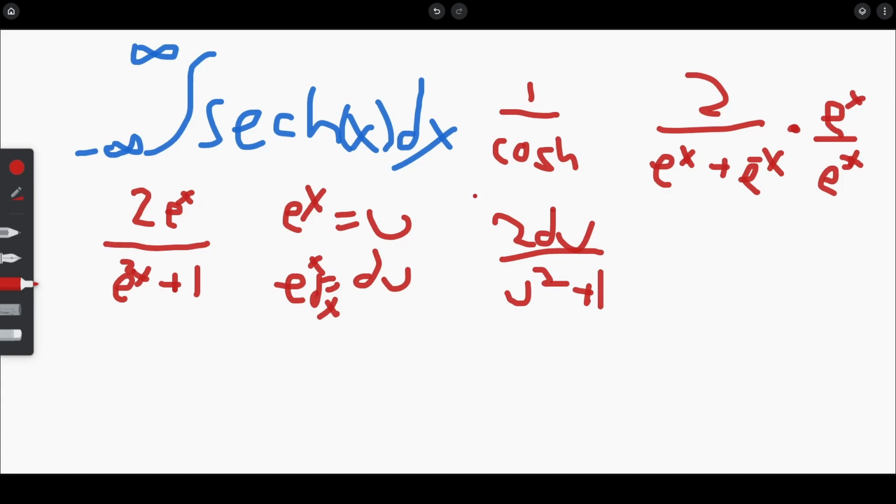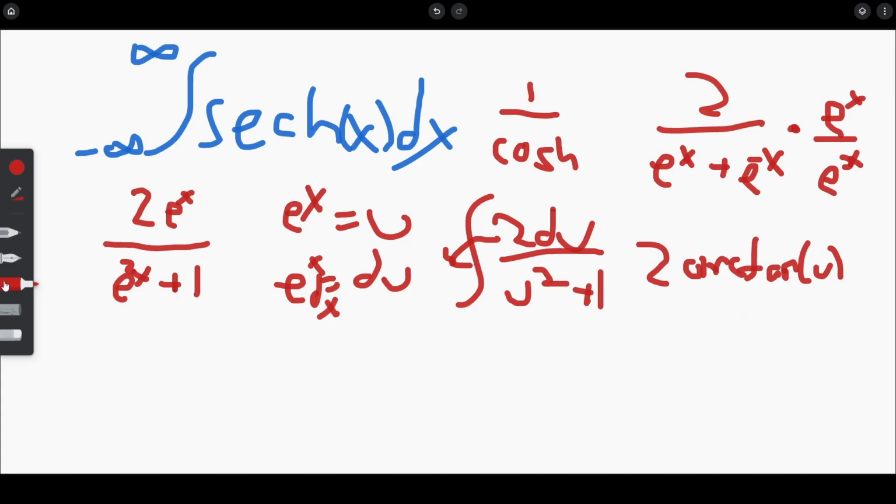And this integral looks a lot like arctangent. Well, it is arctangent. This integrates into arctangent. We'll take the constant multiple, move it out of the integral here, and just say this is 2 arctangent of u. We'll sub u back in.